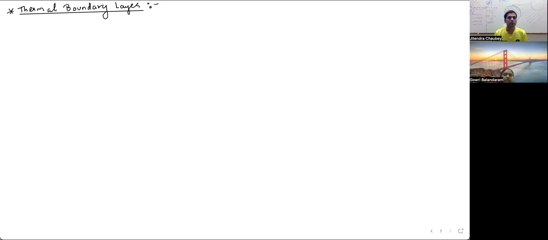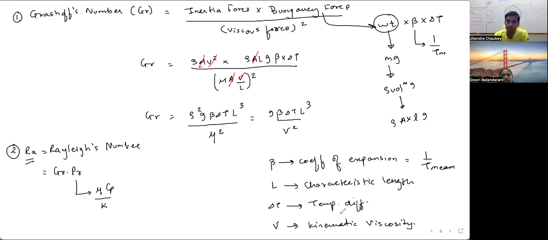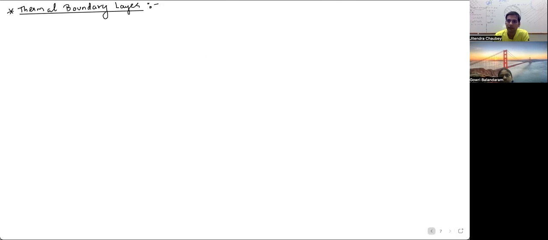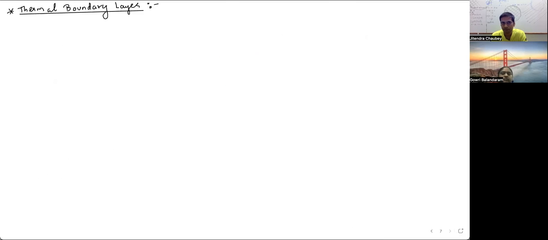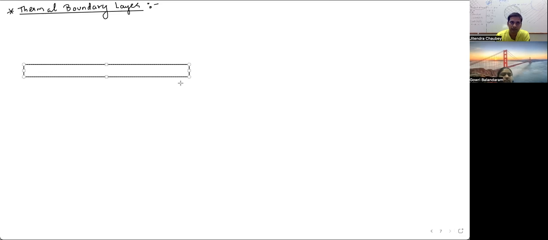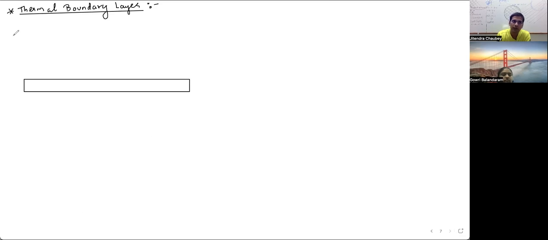Okay, let's get back to the thermal boundary layer. We will consider two applications: one for the open surface, and another for the pipe. Let us say there is one surface over which a fluid is flowing. The fluid has temperature T infinity, and the surface has temperature, let us say, TW, T wall.